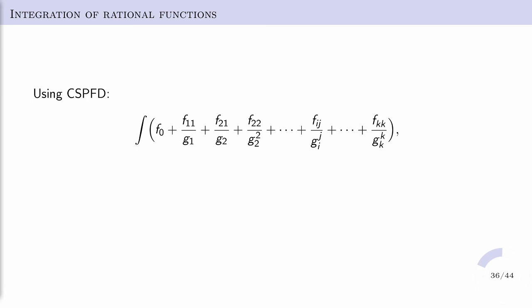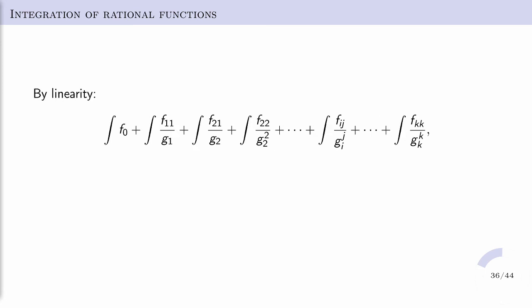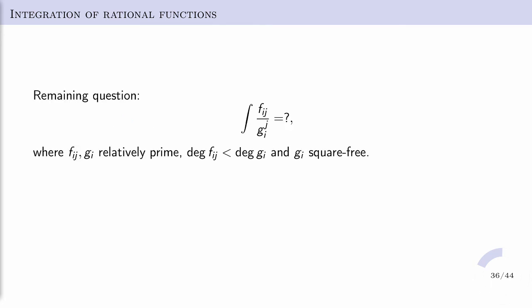Now we can apply linearity and write this integral of a sum as a sum of integrals. When we look at the first term, this is an antiderivative of a polynomial, and our last algorithm answered this question, so this is solved.